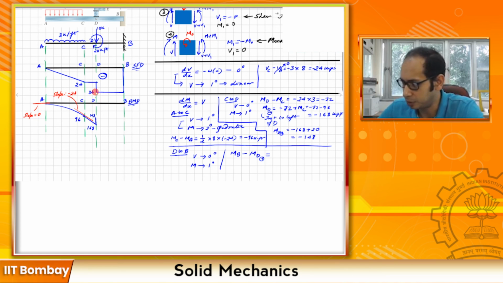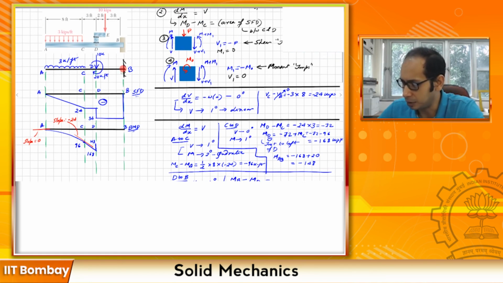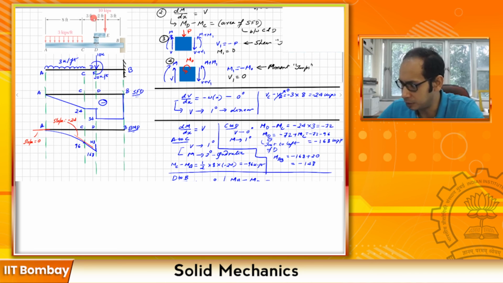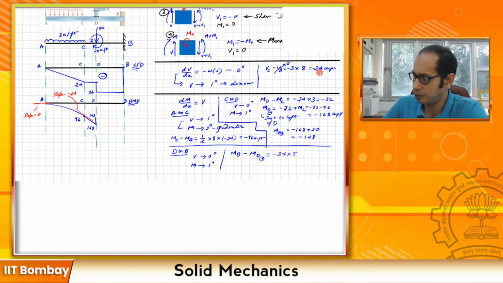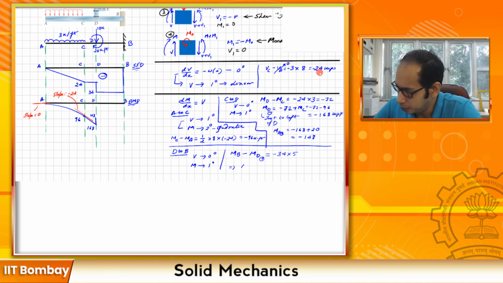So that is 34 times this distance, which is 3 plus 2, 5, going to be minus 34 times 5. So MB is minus 34 times 5 plus MD plus, so plus minus 148.